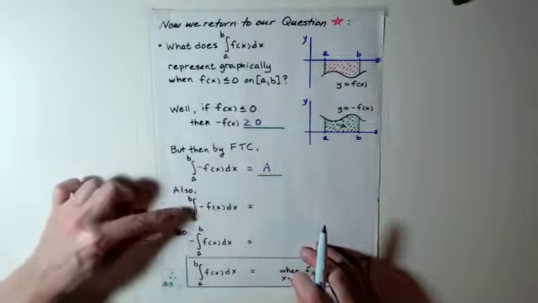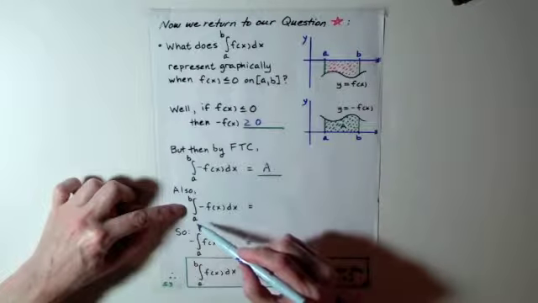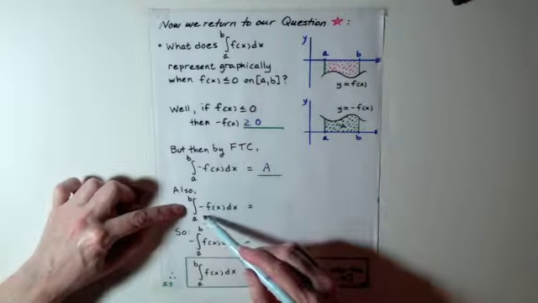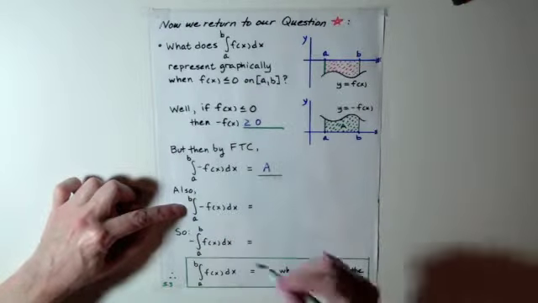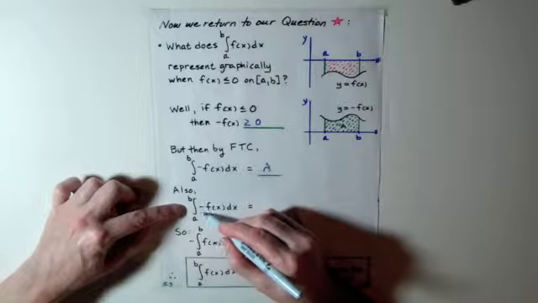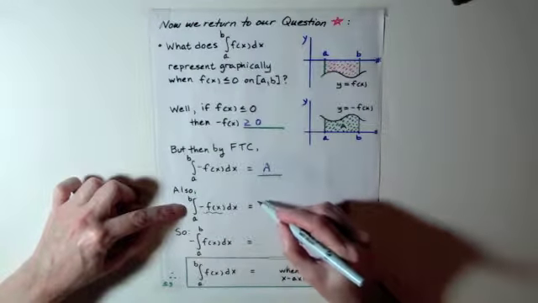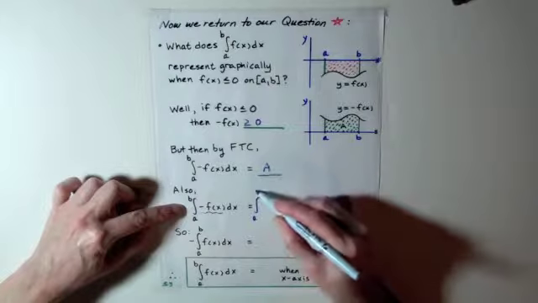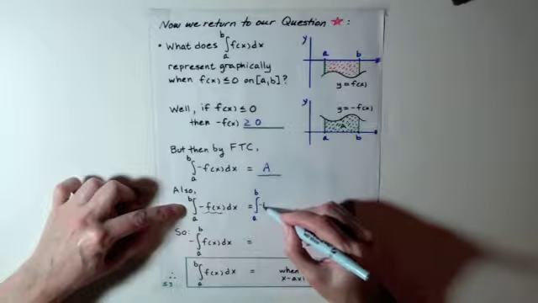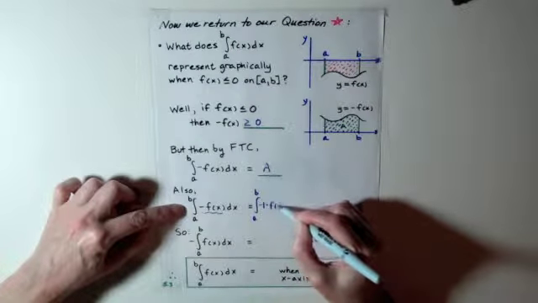Well, but there's another way to express the integral from a to b of this same thing, minus f of x dx. What I'm going to do is rewrite what's inside the integral. So I'm going to write this as the integral from a to b of minus 1 times f of x dx.